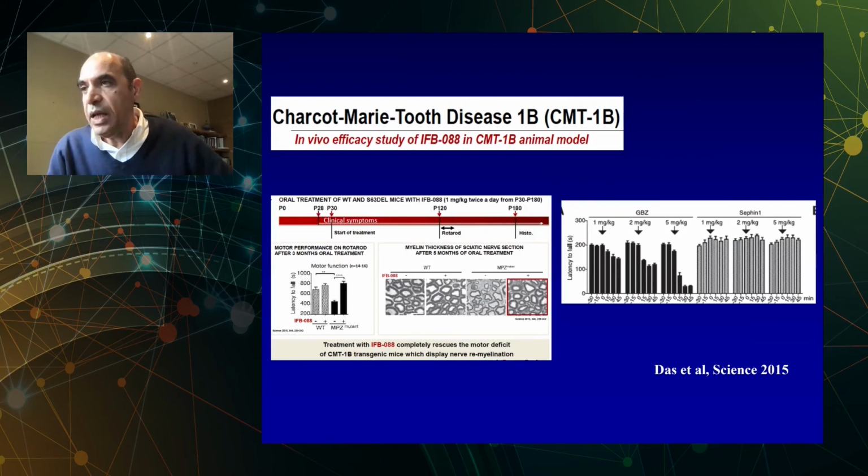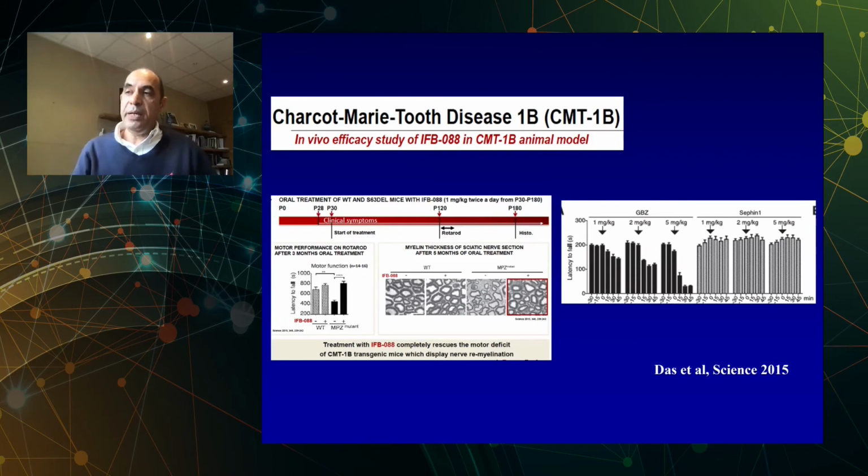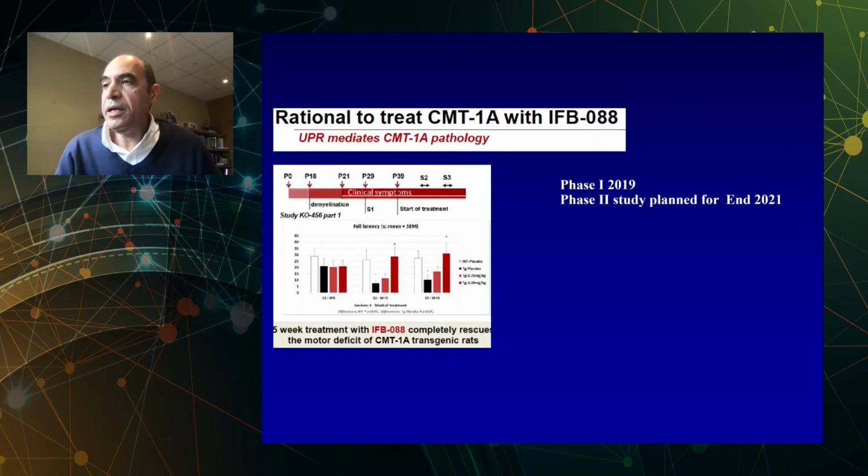2021. Another interesting molecule is this one, IFB 088, which is proposed mainly in principle in CMT1B. This molecule improved in animals many parameters, in biologic histology or functional parameters, and we performed a phase 1 in 2019.